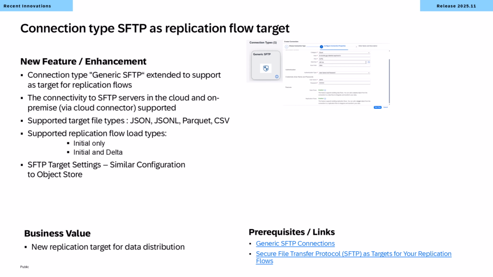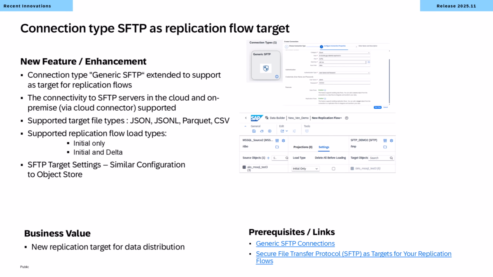Otherwise, you would just need the host name, the port and host key, and the root path, along with the authentication credentials. As you can see in the screenshot, this particular SFTP connection is enabled for both data flows and replication flows. For data flows, it can be used as a source, and for replication flows, it can be used as a target.